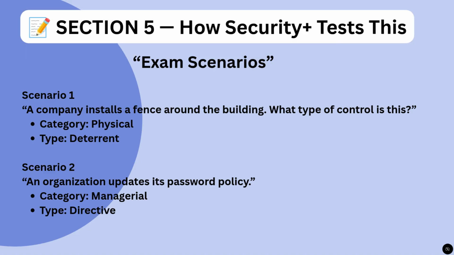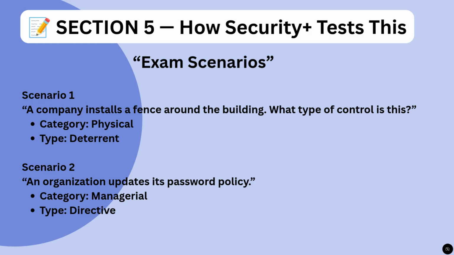How does Security Plus test this? Security Plus loves scenario based questions. Here are a few examples of how these concepts appear on the exam. Scenario 1. A company installs a fence around the building. This is a physical control and a deterrent control. Scenario 2. An organization updates its password policy.